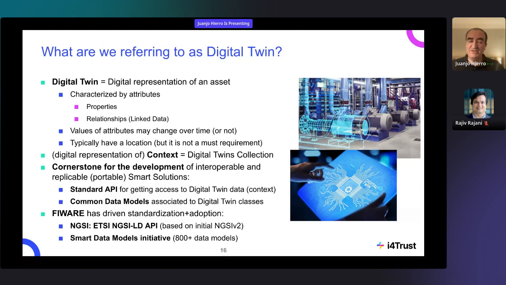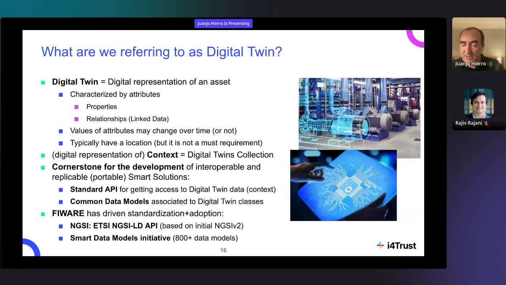Some of them are properties, some of them are relationships with other entities, and those attributes have values, some of them changing over time, sometimes very dynamically, in other cases, not that dynamically, but still changing, and in some cases, pretty static. All in all, these digital twin replicas are all together creating a holistic representation of the world that you are dealing with in your application, representing context.